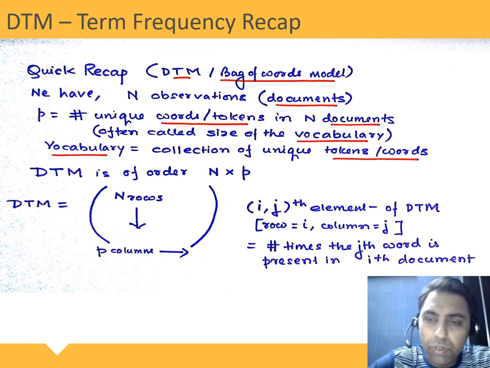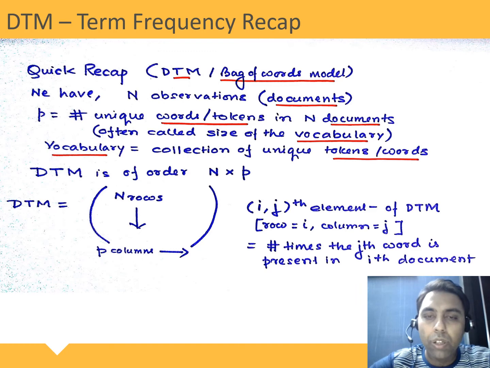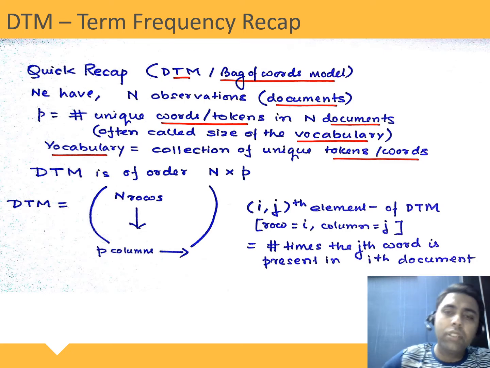This collection of unique words and tokens is often called the vocabulary, and the number of such unique tokens or words, which in this case we are denoting as p, is called the size of the vocabulary. And in this case, the document term matrix will be of order n by p. So there will be n rows, each row denoting one observation or one document, and there will be p columns, each column denoting one of the unique tokens from the collection of all unique tokens.